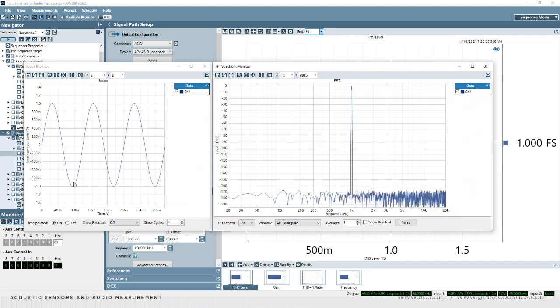Now, here's the part where FS can be a little confusing. If we were talking about volts and we said, oh, I have a signal, a sine wave, and it has an RMS value of 1 volt, the peaks of that sine wave would actually be reaching a greater value. And I'll explain that in a moment, but I'll give you a hint.